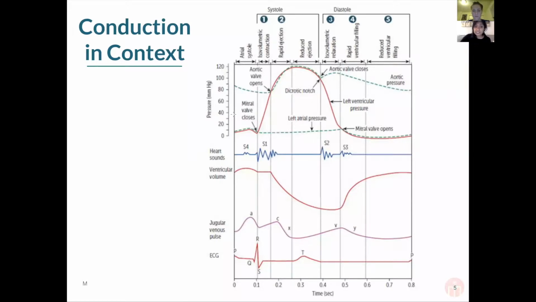So as you can see, the initiation of systole happens with the closure of that mitral valve, and that's where that QRS complex is formed. So systole initiates with the beginning of that QRS complex. However, what's important to note is that systole continues until well beyond the QRS complex no longer being polarized.